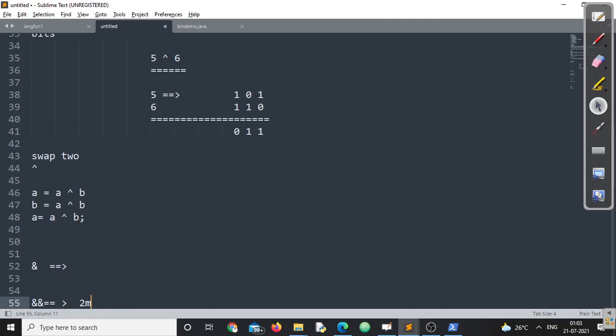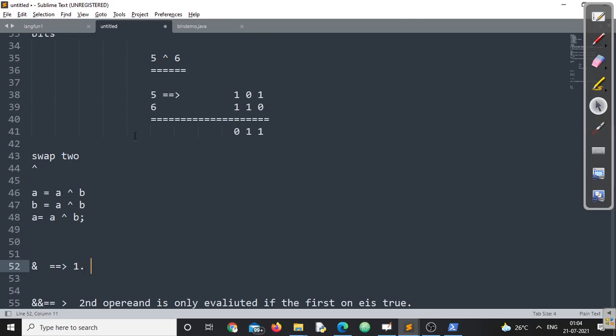The second operand is only evaluated if the first one is true. But here both the operands are mandatory.